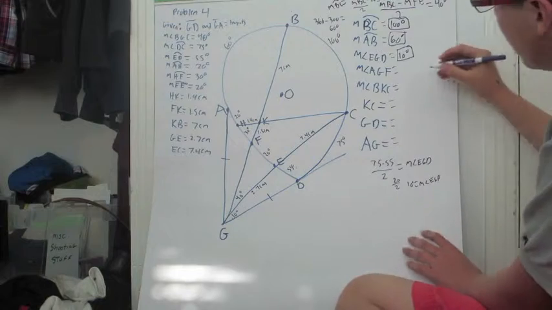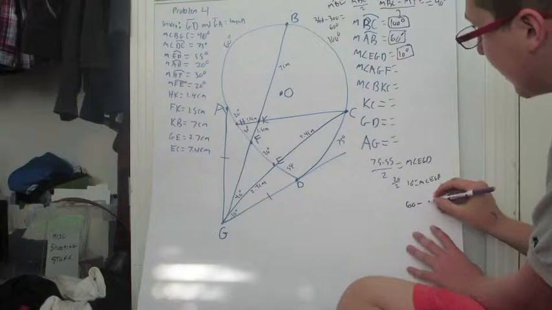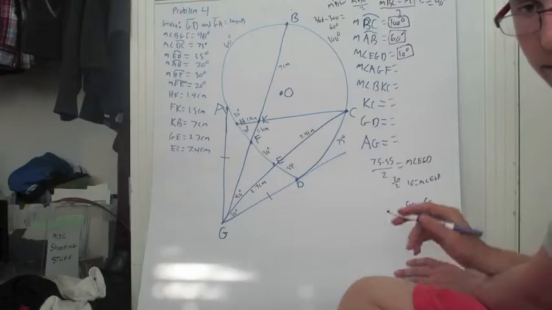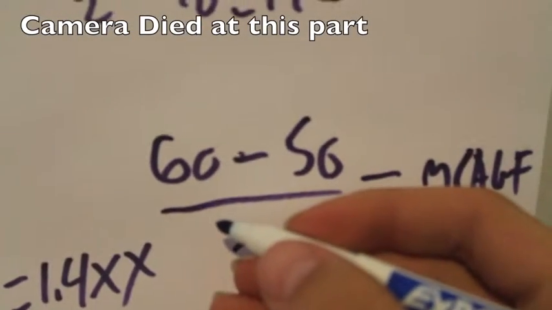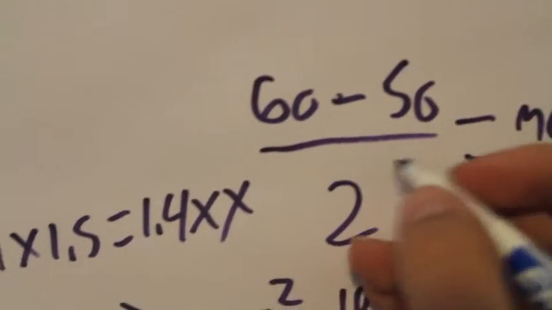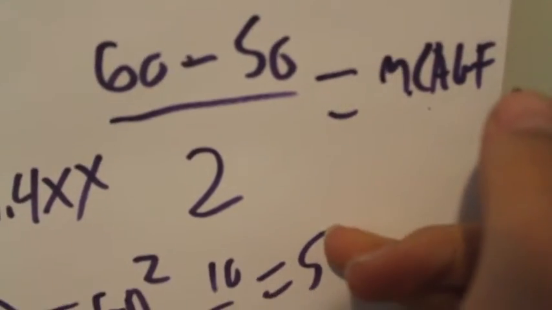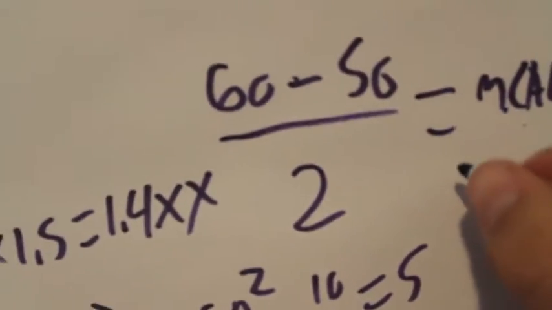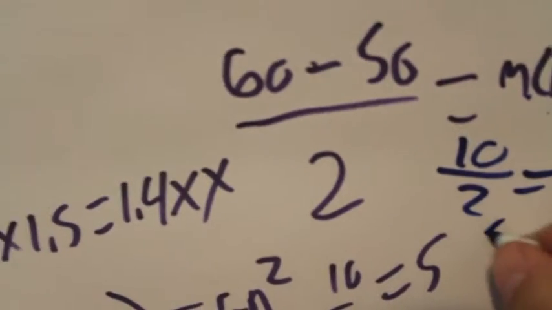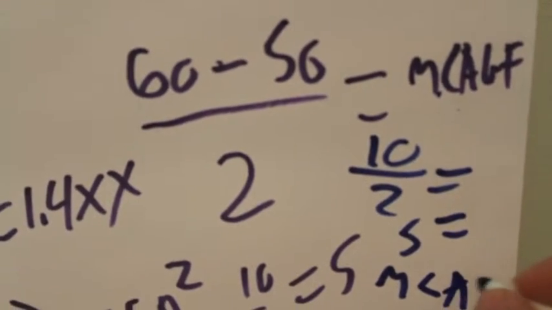So we do the same theorem, so it would be the larger part, 60, minus the smaller part, 50, over 2 equals the measure of AGF. So the measure of AGF would be 10 over 2, which would be 5 equals the measure of AGF.